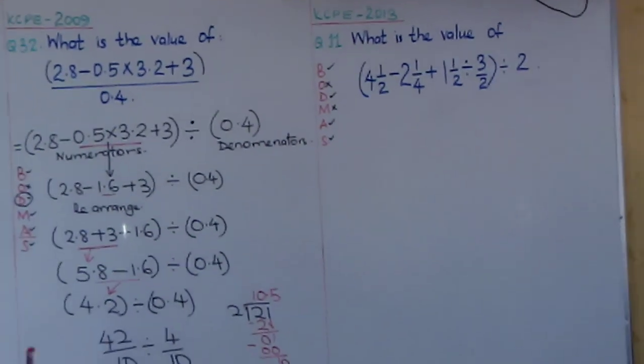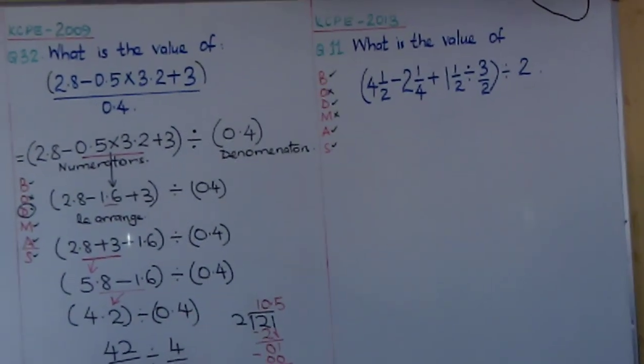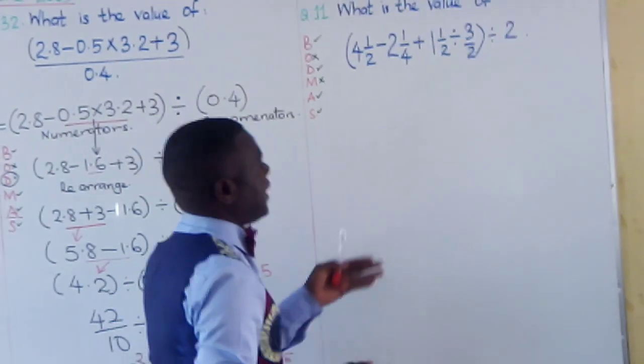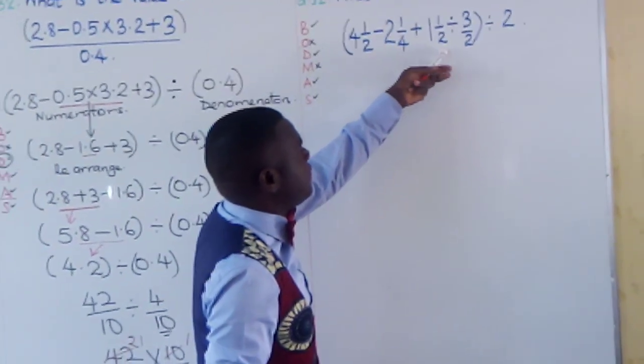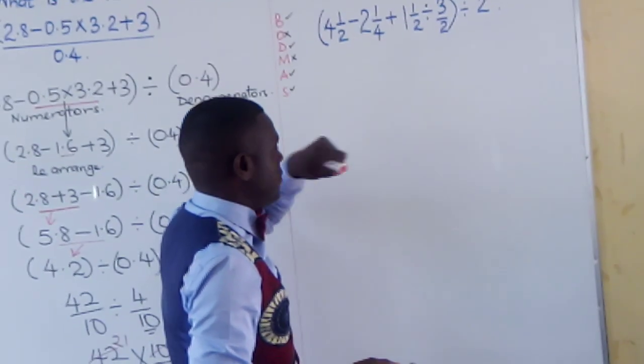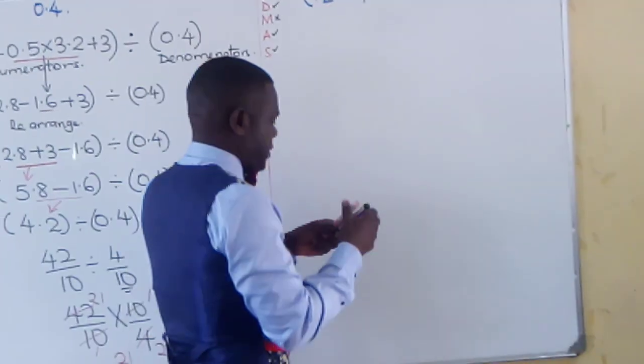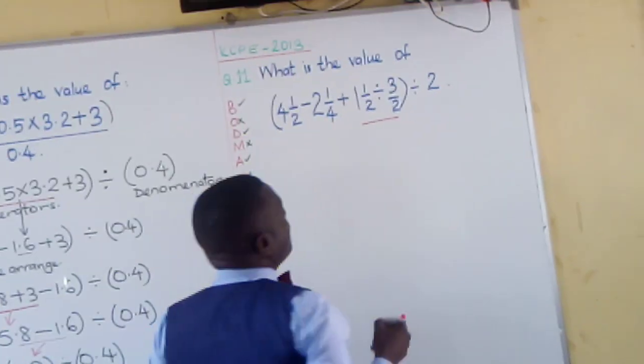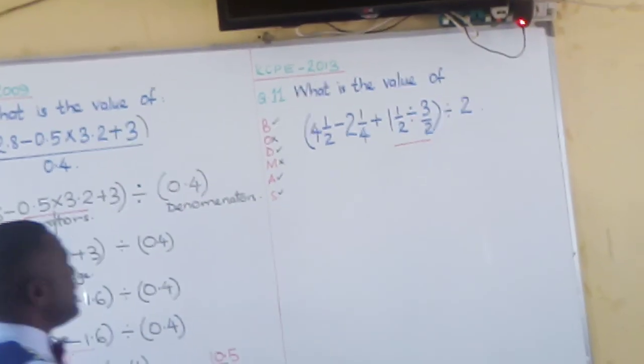Now let's go straight to that. We are going to check in the brackets. In the bracket we have division, addition and subtraction. So we must carry out the division first, because the rule says so.